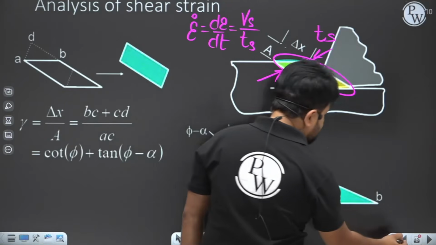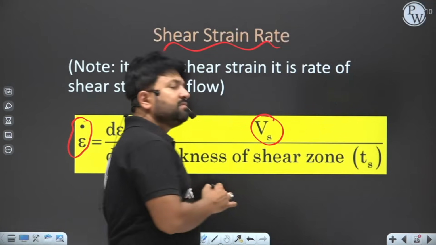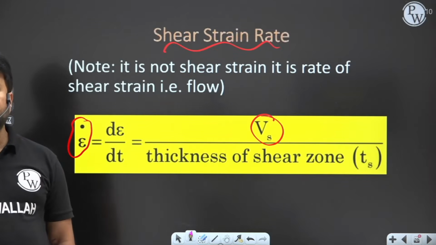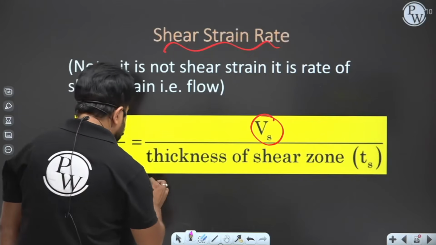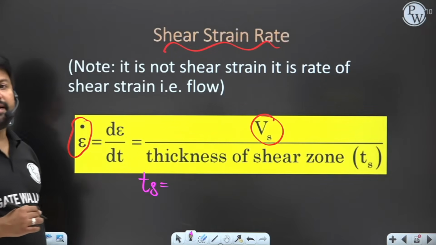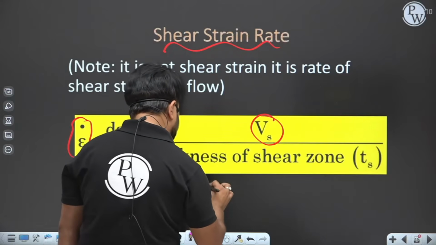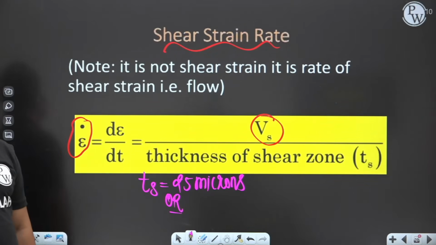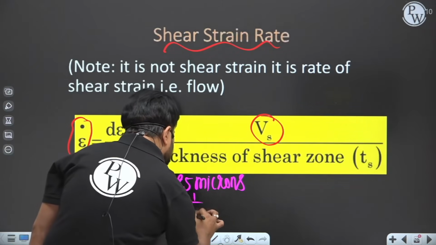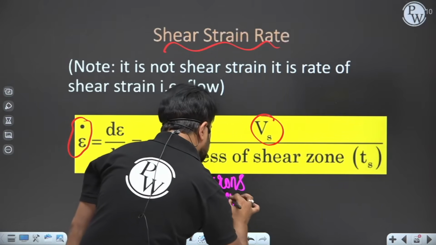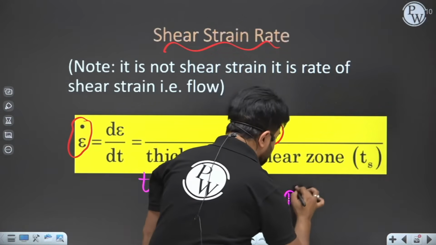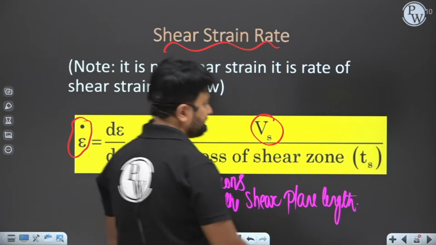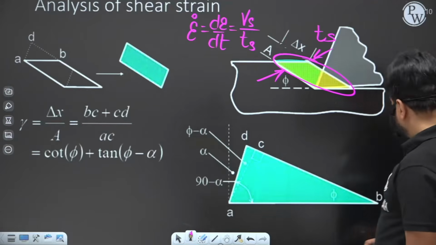Sometimes the thickness of the shear zone is not given in the exam, so you have to remember that it can be taken as 25 microns, or as 1/10 of the shear plane length. Clear? Now let's move to the next one.